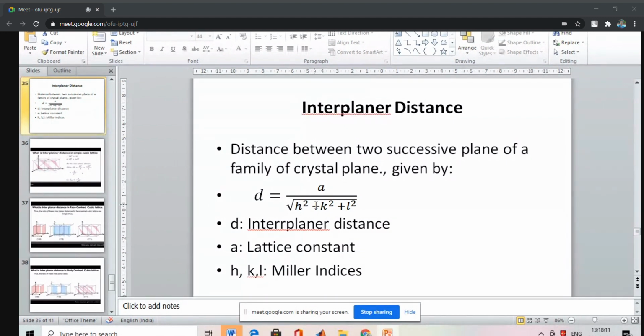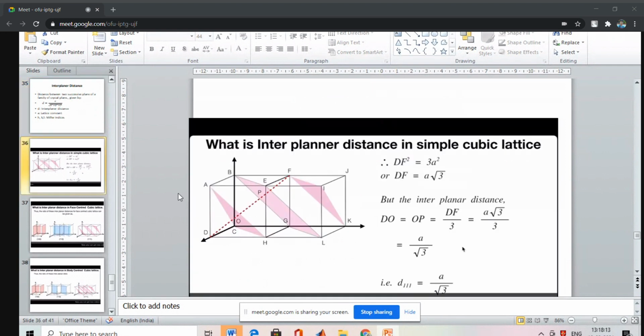Then see, first of all, the plane 1, 1, 1. You can see in 1 unit cell, this plane cuts all the 3 axes at 1 unit, and so indices of this plane are 1, 1, 1. So by our formula, this d will become A upon root 3.